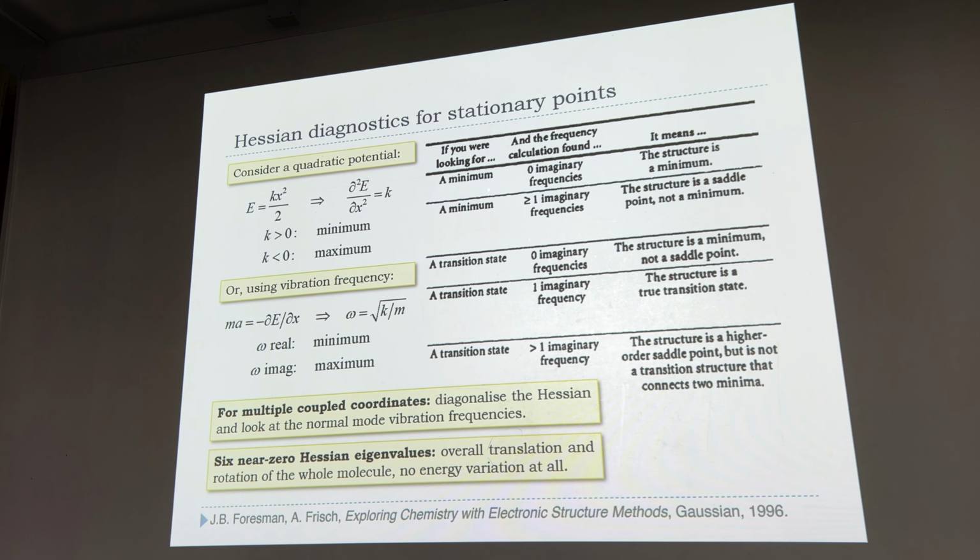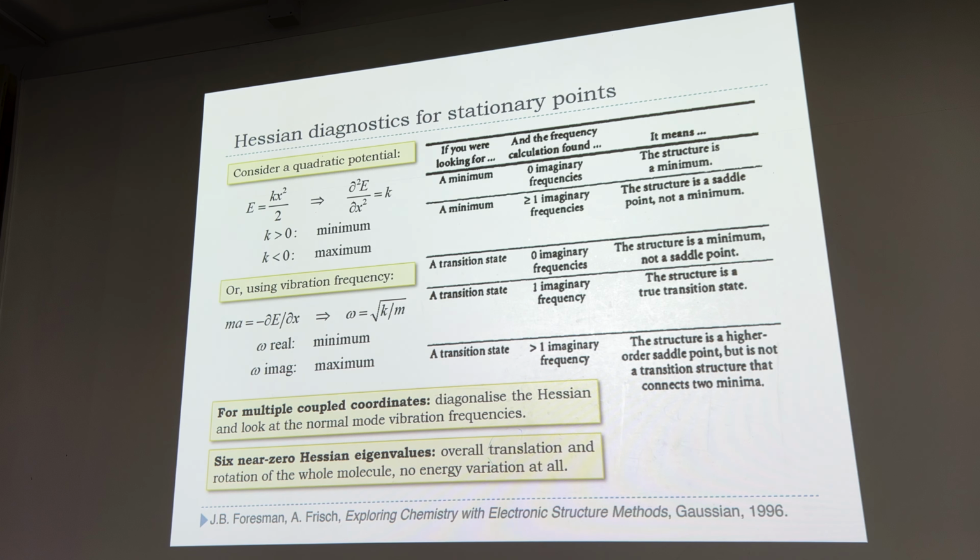If you have a minimum, you need 0 imaginary frequencies, right, corresponding to all the k's being positive. If you have 1 or more imaginary frequencies, then that's a saddle point, not a minimum. You need to revisit your geometry, push it out of that saddle point and reoptimize. If you are fishing for a transition state and you don't have any imaginary frequencies, then it's not a transition state, it's a minimum.